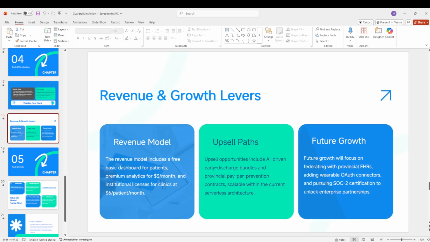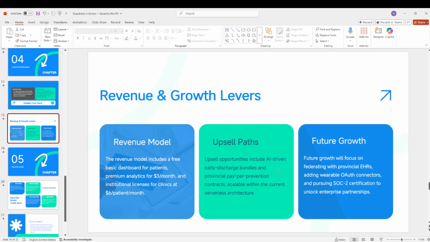Our revenue and growth levers. The revenue model includes a free basic dashboard for patients, premium analytics for $3 a month, and an institutional license for clinics at $6 per patient per month. We could upsell this with AI-driven bundles and pay-per-prevention contracts with provinces.